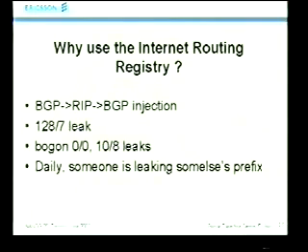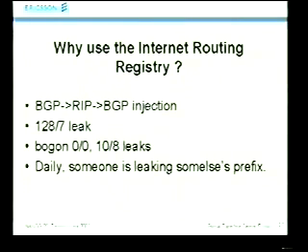Okay, well, why use it? Well, all kinds of strange things happen every day. I mean, the internet is not supposed to break. In an ideal world, it wouldn't break, but you get all kinds of BGP routes injected into RIP, back into BGP. Somebody leaks 128/7. You get these bogon leaks, 10/8 leaks.